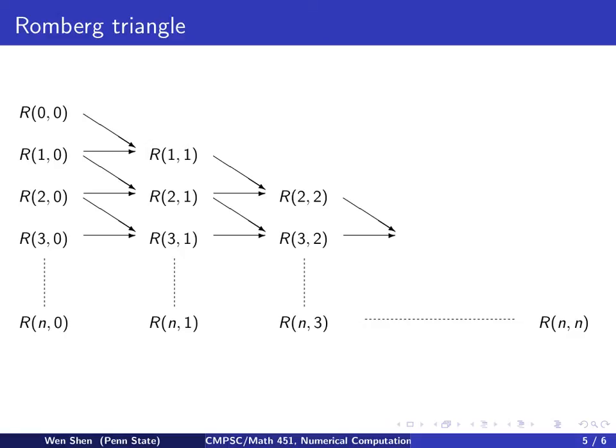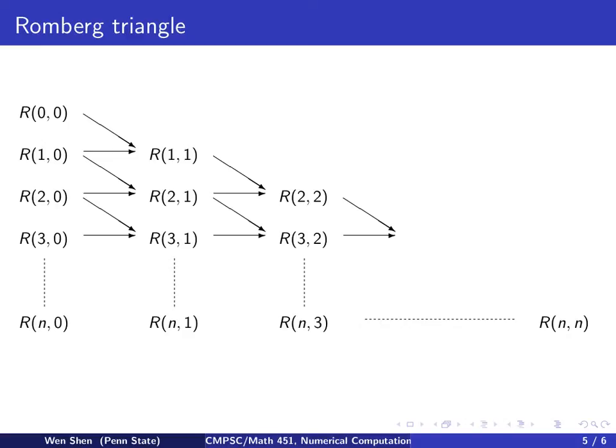Using these two, I could compute a better approximation, which I call R11. And using these two, I can also produce a better approximation called R21. So this would be our u of h, this will be our u of h/2, and u of h/4, and this will be u of h divided by 2 to the power n.